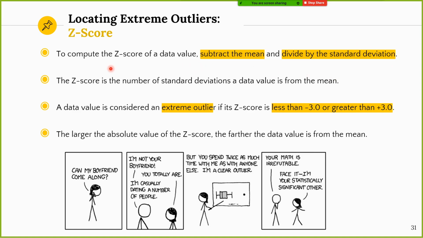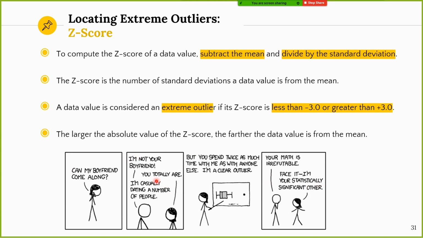Okay, so the z-score is the number of standard deviations a data value is from the mean. A value is considered an extreme outlier if the z-score is less than -3 or greater than +3. Okay. So the larger the absolute value of the z-score, the farther the data value is from the mean.